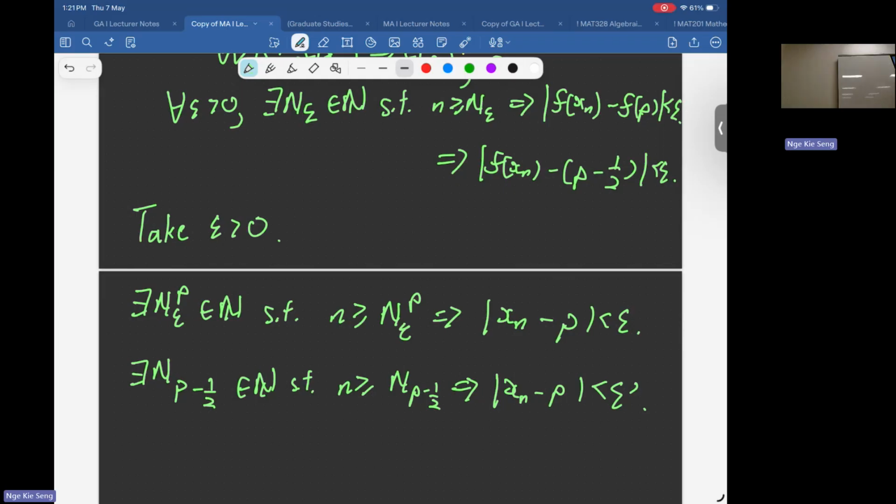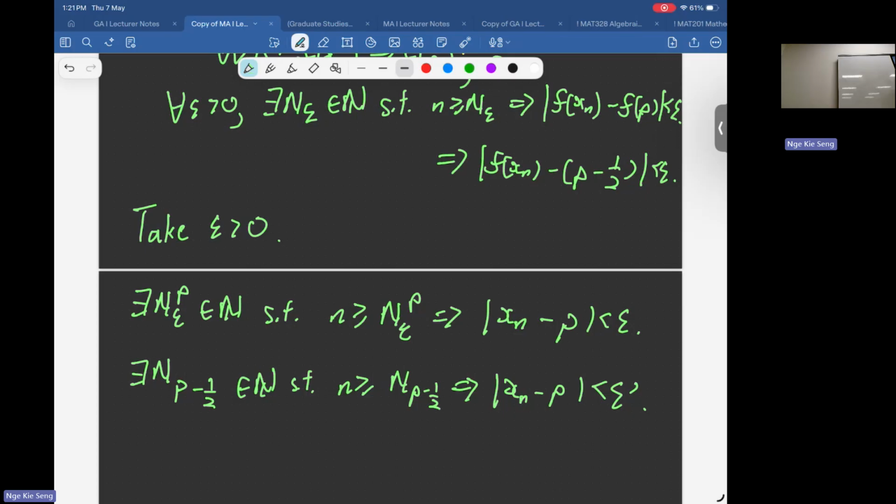So the first part is I want to make sure of the convergence of S_n minus p. The second is I want to make sure the convergence happens after half.